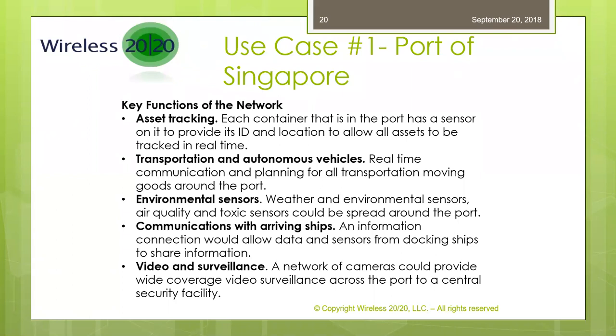So already in the first two, the asset tracking, if we have an ID sensor for each container, that's probably a very low band implementation. But if we look at tracking and controlling autonomous vehicles, that's a high bandwidth application. So as we look at what we can do here, we'll probably look at a mix of those.